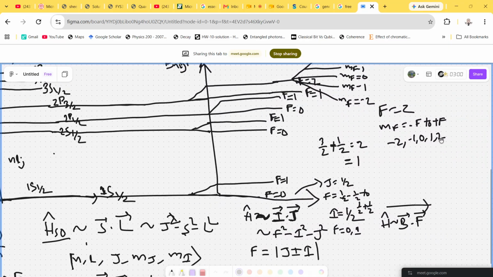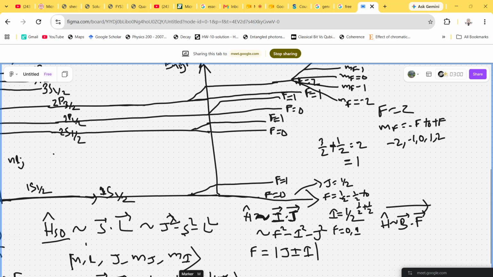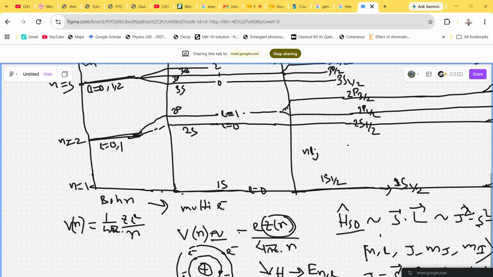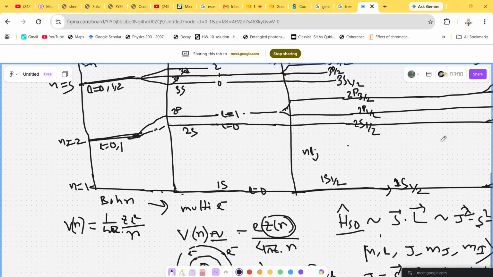So your two level system can be this. It depends on which picture you are in now. If you only consider the Bohr picture, then n equals 1 and n equals 2 are your simple two level system. This can be your 0 or ground state, and this can be your excited state.